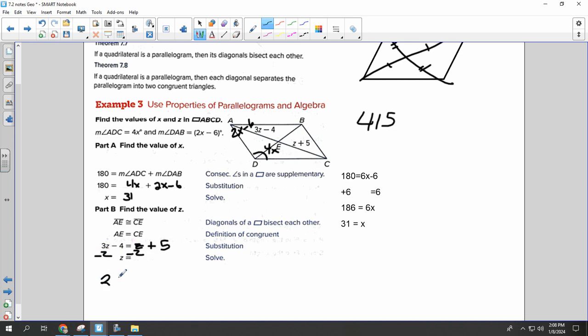We get 2z minus 4 equals 5. Then add 4 to both sides, and 2z equals 9. Divide by 2. Half of 9 is 4.5. So z is equal to 4.5.